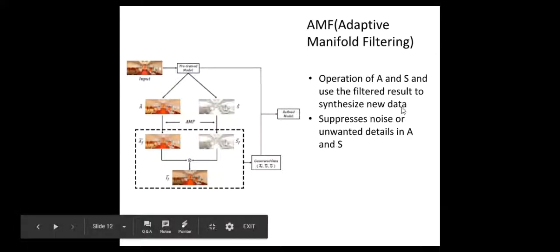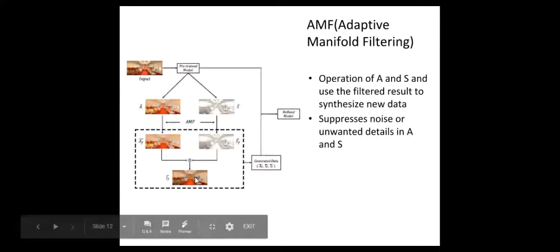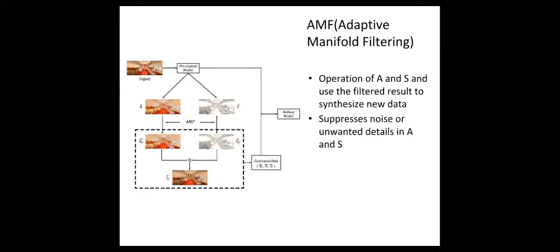This is applied to the extracted albedo and shading layers, and this helps us to synthesize new data, and then we combine both to get an image which differs from the input image, and this helps us to synthesize new data for training more pairs of images.